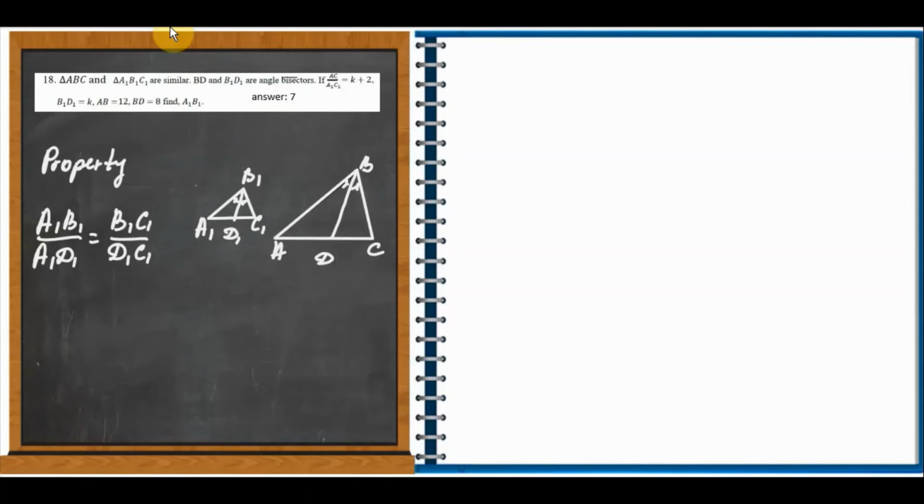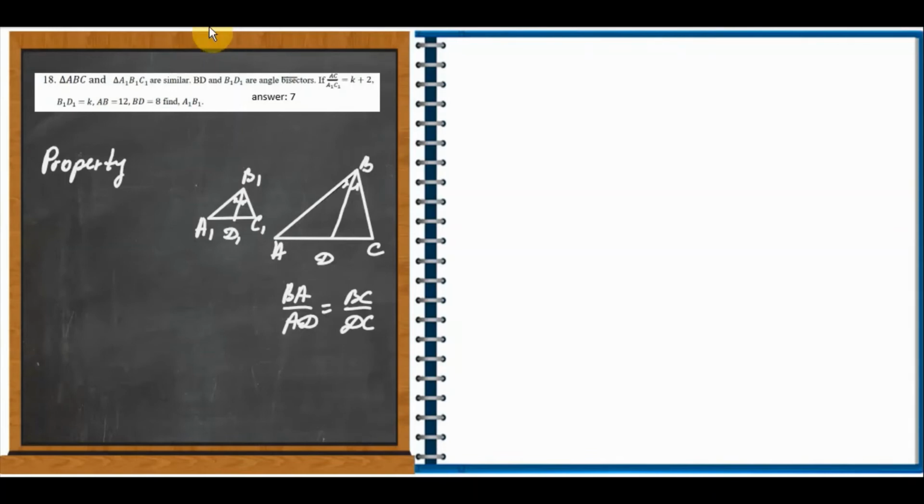We can write the same for the other triangle: BA over AD is equal to BC over DC. Let's keep this property because it's the same for all triangles. Now what is given is that they are similar.